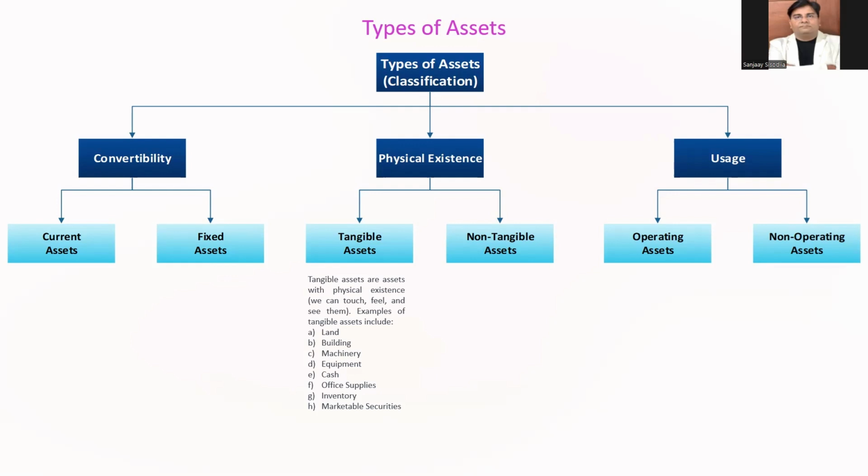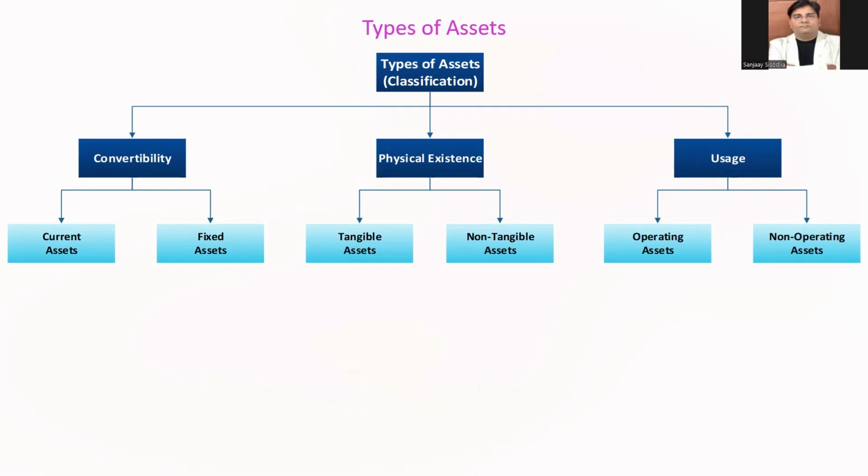And some of the examples are like land, building, machinery, cash, office supplies, inventory, marketable security, etc. So any asset that has a physical existence, which can be touched, which can be felt, or which can be seen, is termed as tangible asset.